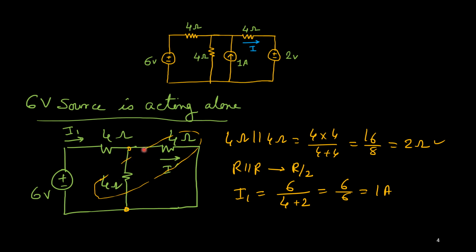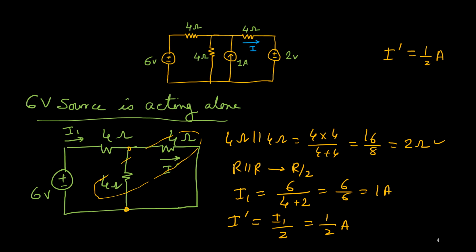We can use current divider rule to find the branch current here, but here it is easy because both are the same resistance, so current is equally divided. So this I will be half of I1, right? So this I prime is actually I1 by 2. Since I1 is 1, it is half ampere, right? So I have got one current, I prime, that is equal to half ampere.